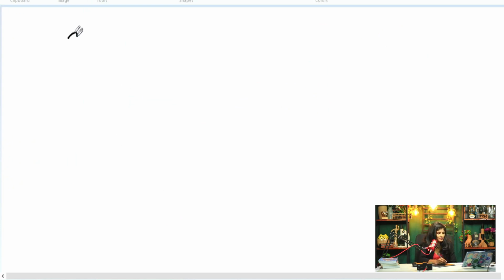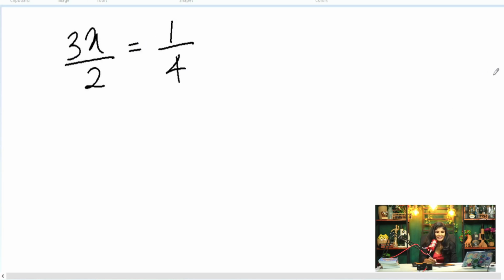Next question. 3x over 2 equals 1 over 4. Okay. And there is an important point in this question. That is, we can simplify both sides of the equation if we have divisible numbers in the numerators or in the denominators. That means, if in the denominators, the downside, no?